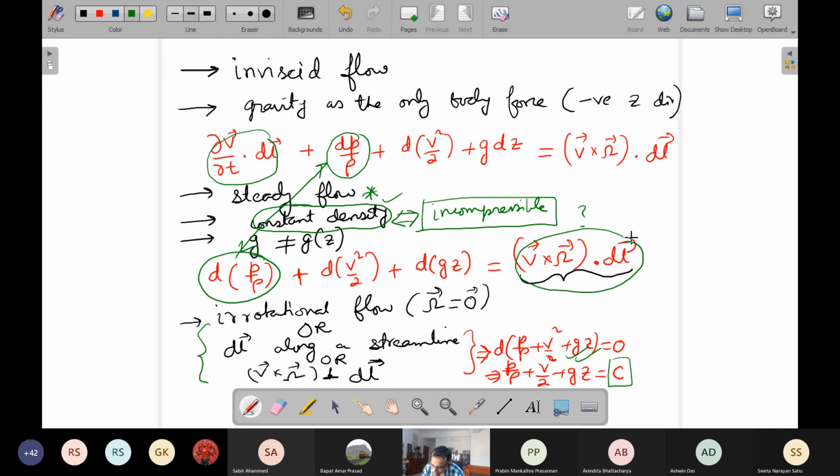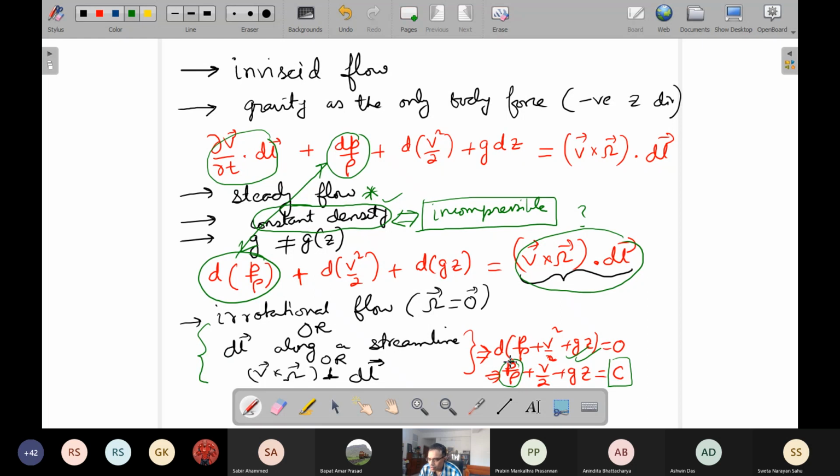I'm talking about this being equal to constant, and this has nothing to do with constant density, because the constant density is already taken care of by this one, P by rho. I'm talking about C, and from here you will get an idea that C is not actually dependent on the density related matter that we were talking about. It is dependent on something else.